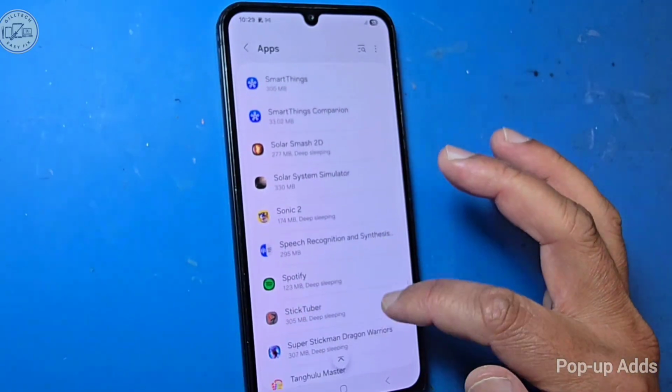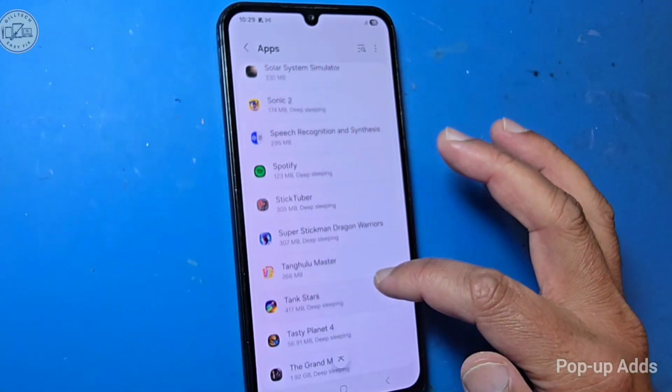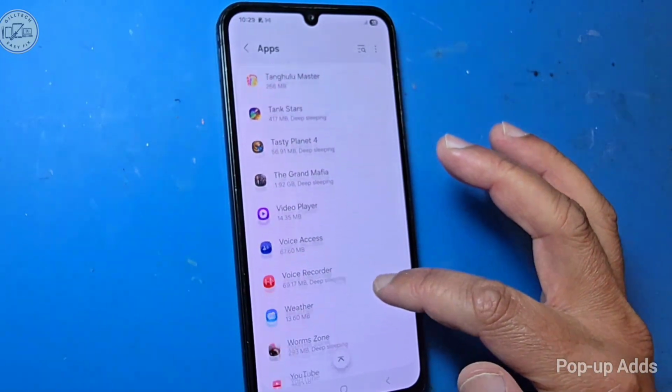Please note that this is merely an illustrative example. A different application on your phone could be responsible for the problem.